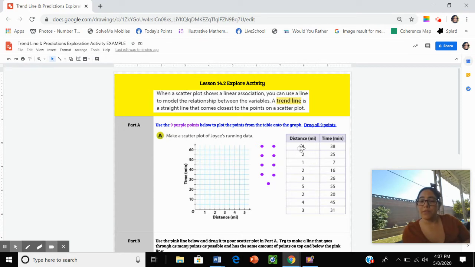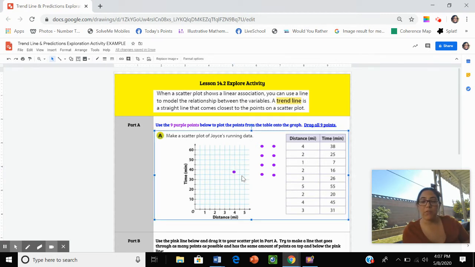It seems she has run 4 miles in 38 minutes. Actually pretty good. I would take one of these points, and it doesn't matter which one. At 4 miles, she's gone about 38 minutes, so about there on the graph.